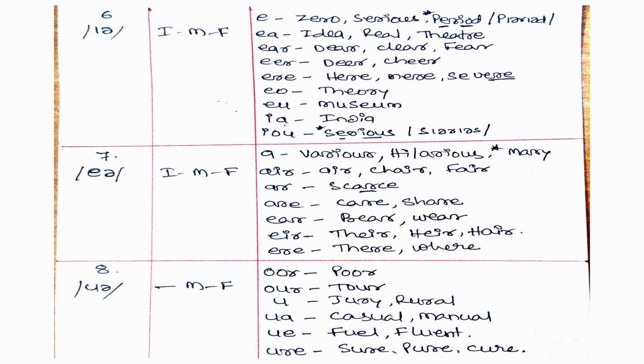Now, EU. In the words such as MUSEUM, museum, museum. Okay, IA, INDIA, India. It's not India, it is India. Now, IOU. In the words such as SERIOUS, that is serious.